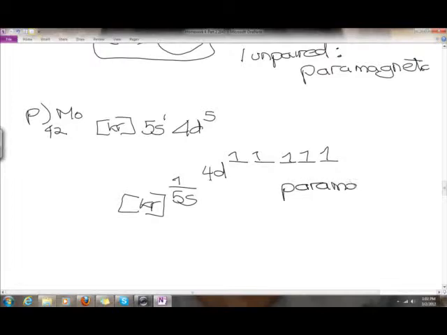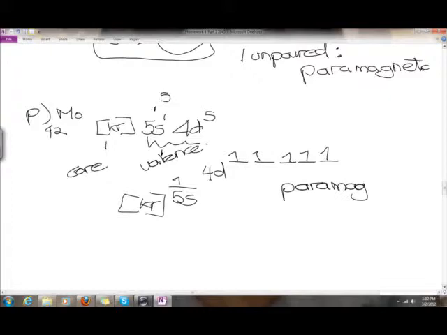You have to do all the diagrams for each one, but don't do it from energy level 1. Start after the prior noble gas, after the core. Just do it for the valence. Remember, this is the core electrons, the prior noble gas, and this would be the valence. And the valence level would be 5.